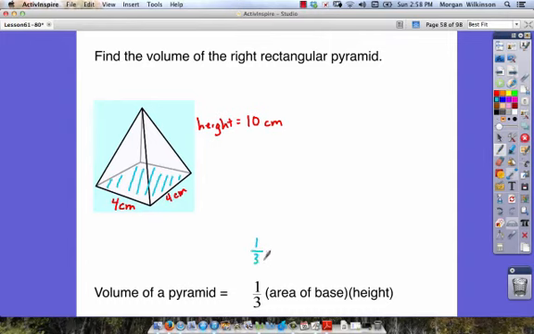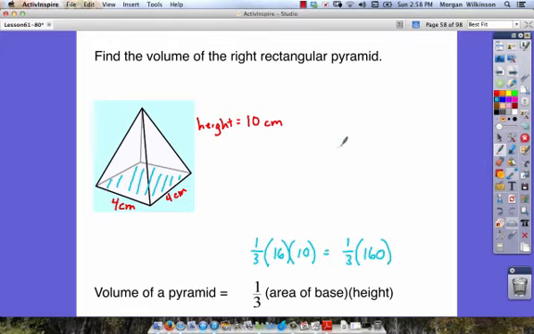So to find our volume, we're going to say 1/3 times 16 times our height, which is 10. Well, 16 times 10 is equal to 160, so we get 1/3 times 160.